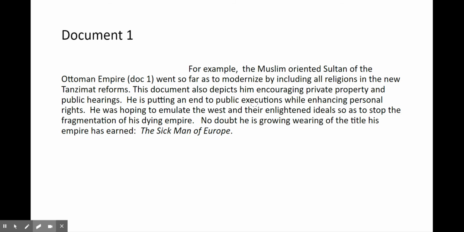But again, the Muslims would behead, obviously, early on, a legalistic society that it was, like many societies at that time, while enhancing personal rights. He was hoping to emulate the West and their enlightened ideals. Again, another HIP moment. I'm talking about history there. And he's trying to stop the fragmentation of his dying empire, which again, that's another history moment. They called it the sick man of Europe. So again, here's my HIP moment, and here's my supports, and there's my using, right? Very good.